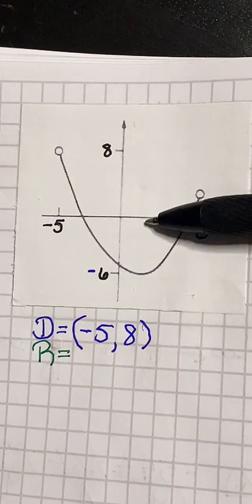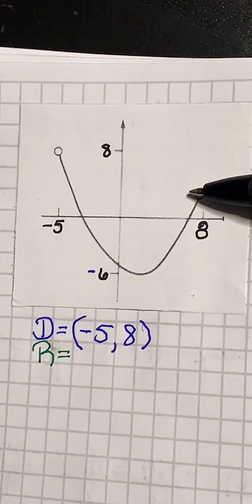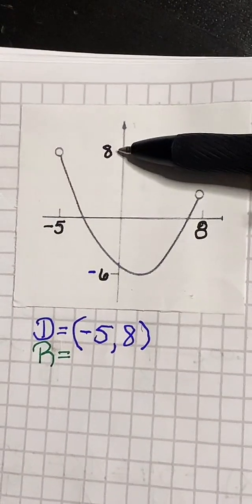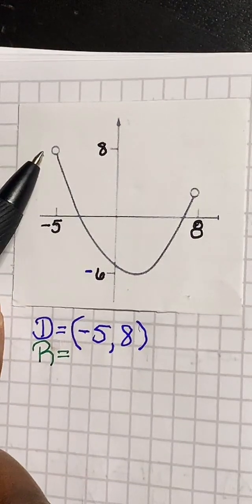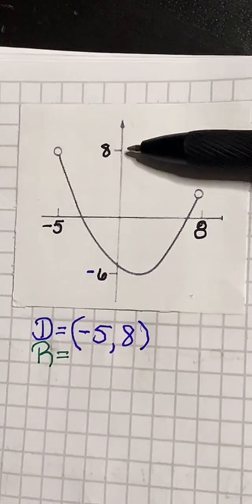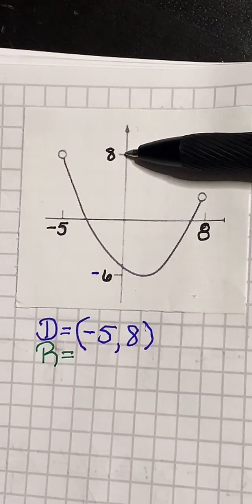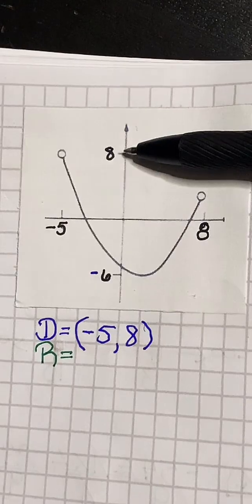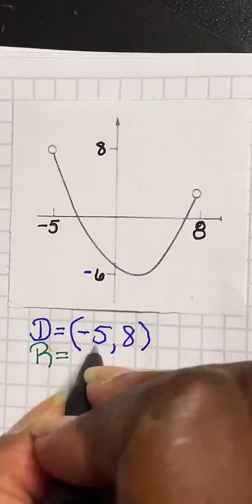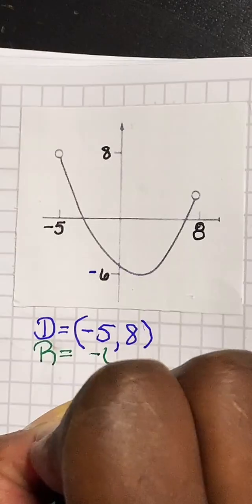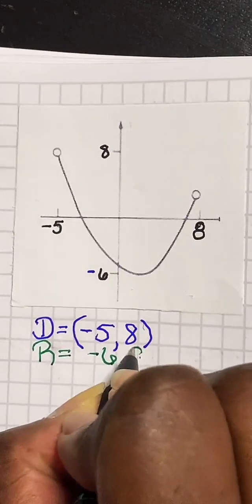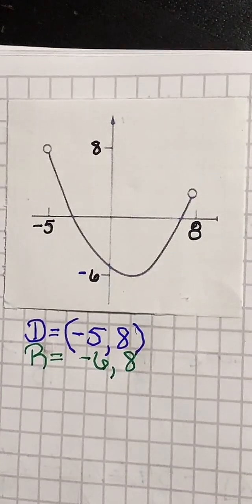But then the highest, it doesn't stop here. It's going up to this tallest one up here. And that's hitting it when my y value is 8. So my lowest is negative 6. My highest is a positive 8.